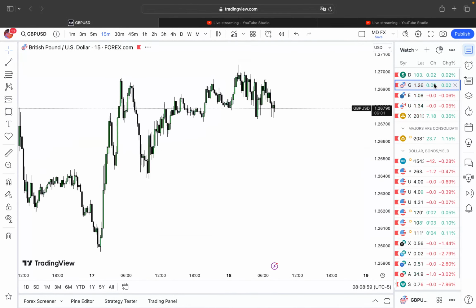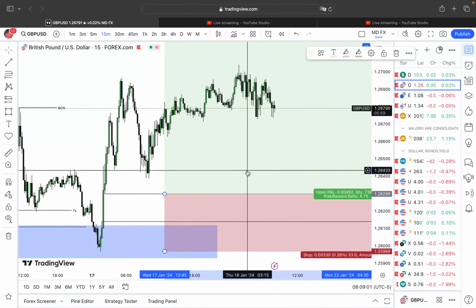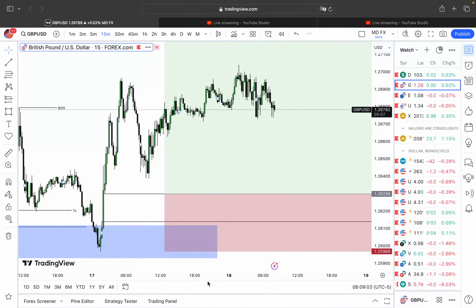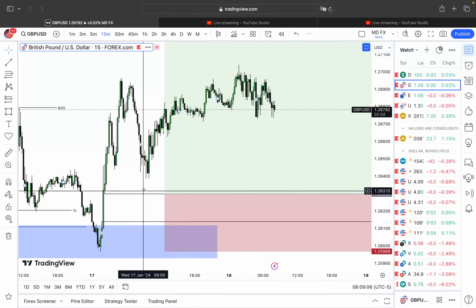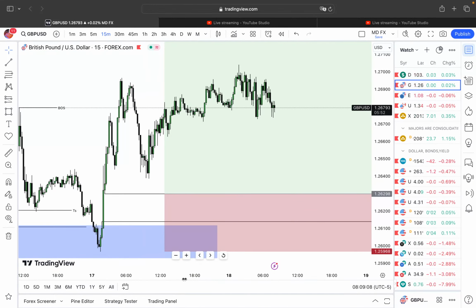And you can look at GU too. GU, we set this trade up yesterday and it still hasn't tagged it, so we're still waiting on that.